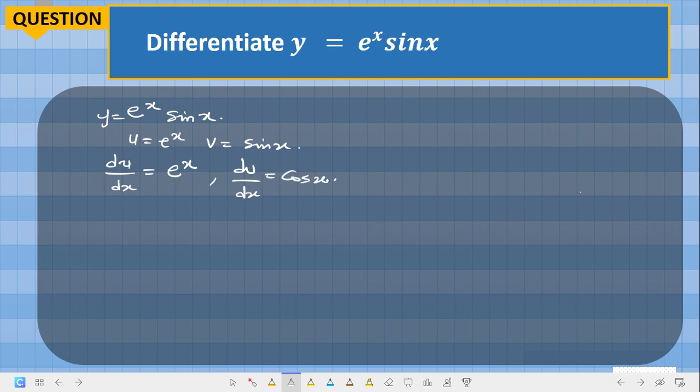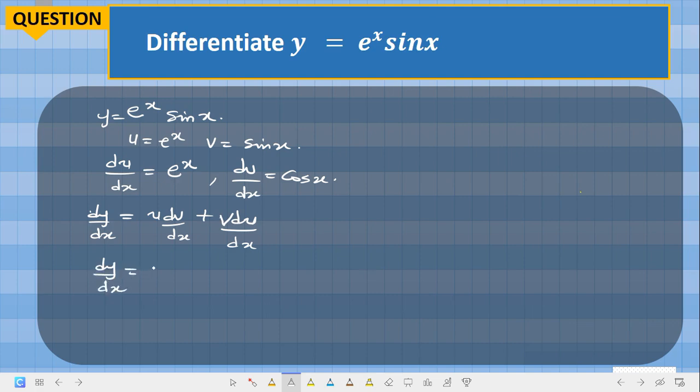Sine s differentiated is cos s. Okay, so substituting into the equation, product rule: dy ds is equal to u dv over ds plus v du over ds. Now what will be our dy ds?